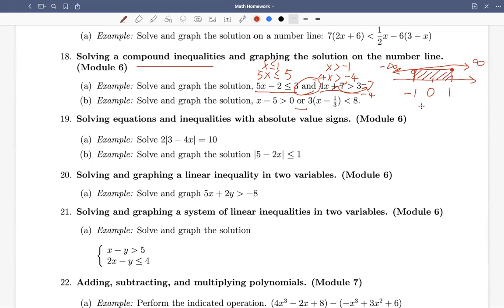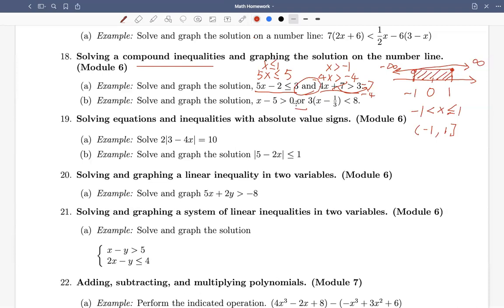So the solution set is from -1, not including -1, up to 1, including 1. We could use set notation or interval notation. Not including -1, we use an open parenthesis. Including 1, we use a bracket. Either one works.